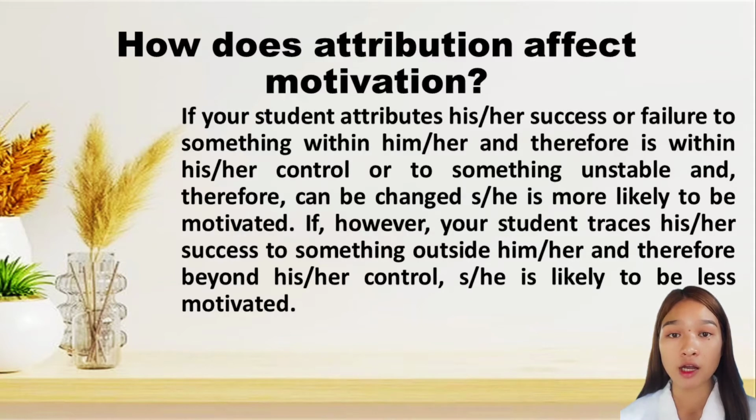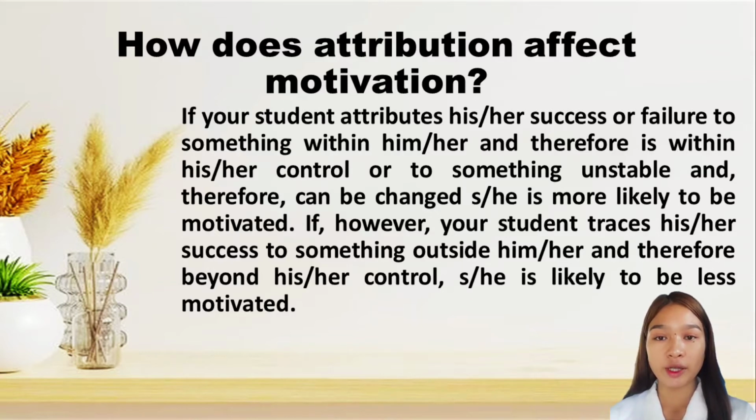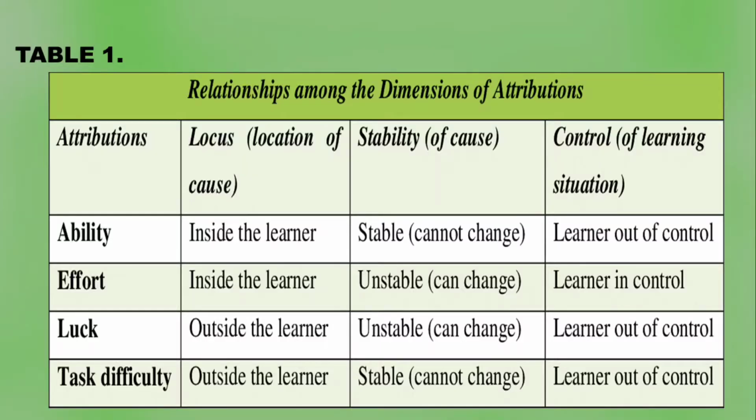If, however, your student traces his or her success to something outside him or her and therefore beyond his or her control, she or he is likely to be less motivated. Motivation tends to increase when students attribute failure to lack of effort because effort can be controlled. It tends to decrease when students attribute failure to uncontrollable causes.